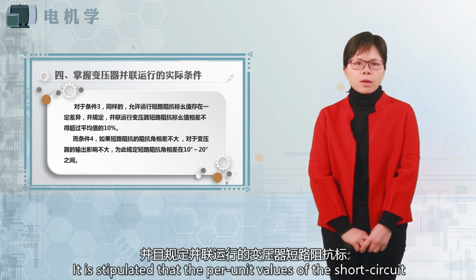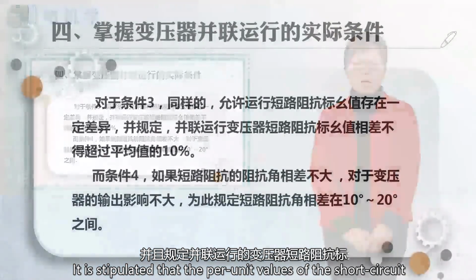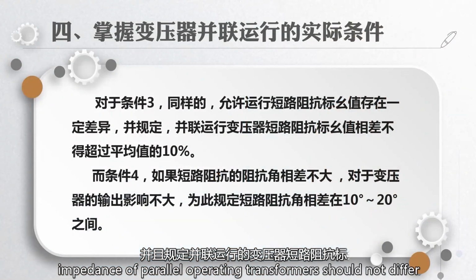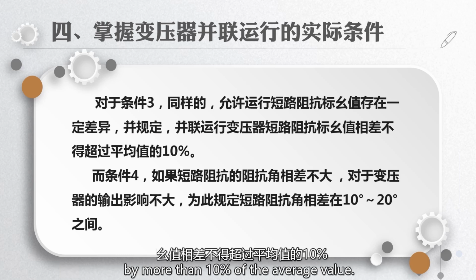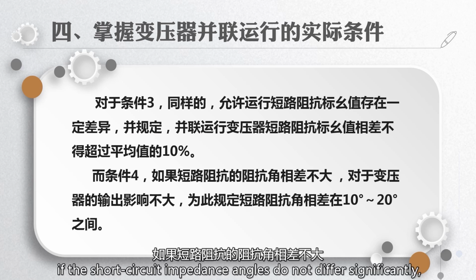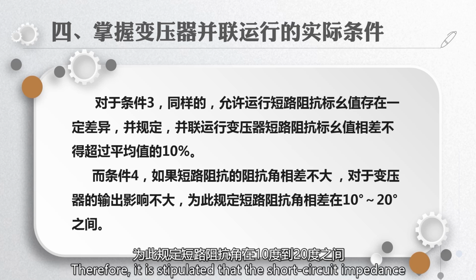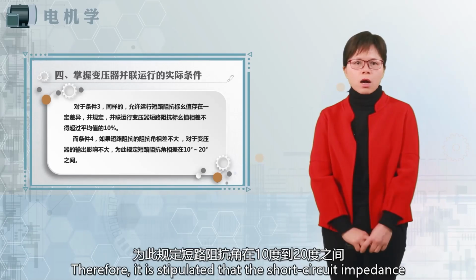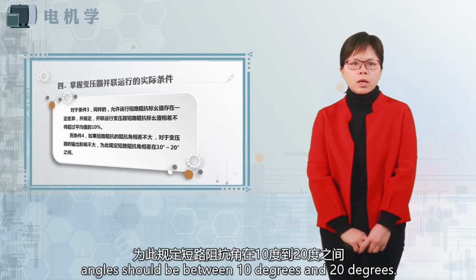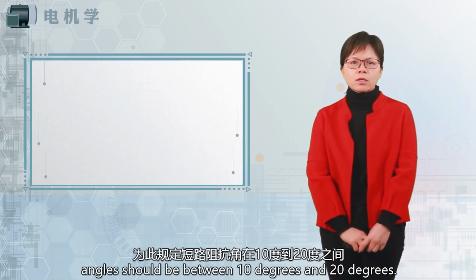It is stipulated that the per unit values of the short circuit impedance of parallel operating transformers should not differ by more than 10% of the average value. The fourth condition is, if the short circuit impedance angles do not differ significantly, it does not have much impact on the transformer's output. Therefore, it is stipulated that the short-circuit impedance angles should be between 10 degrees and 20 degrees.